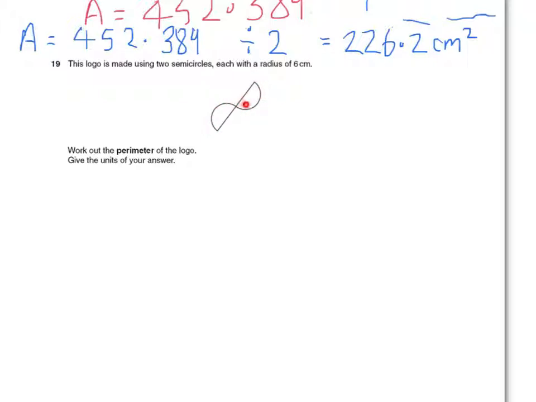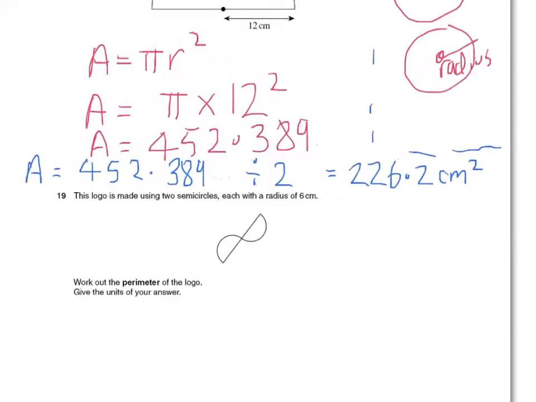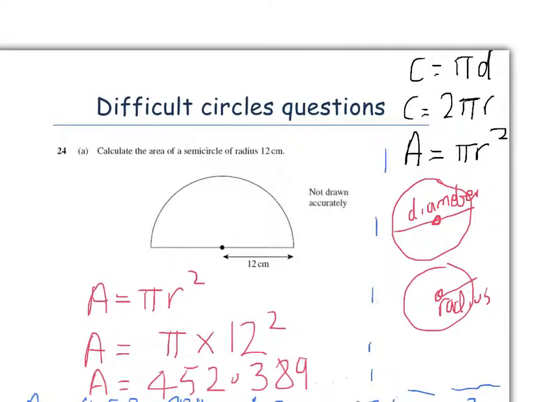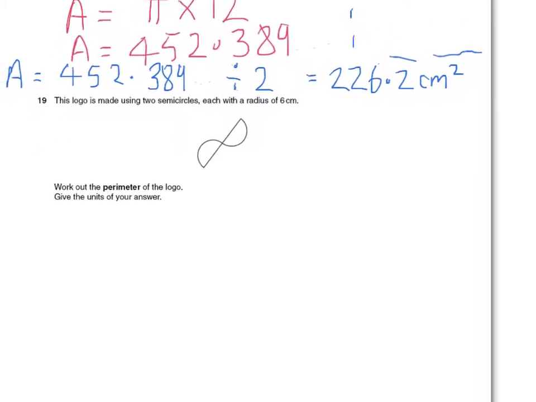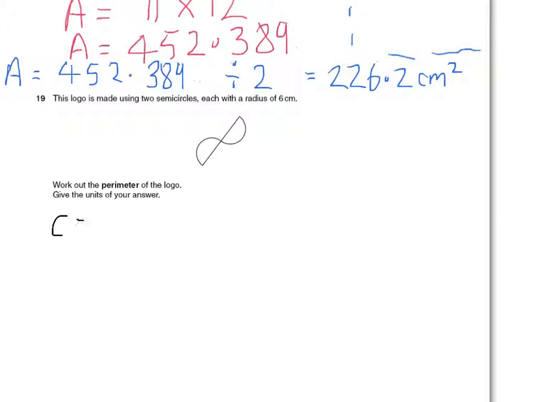To find the distance around the outside, we need to look at our equations to do with circumference. Have we got the diameter or radius? We're told we've got a radius of 6, so we're going to use C equals 2 pi r, with a radius of 6 centimetres.